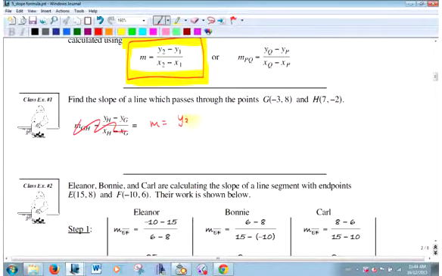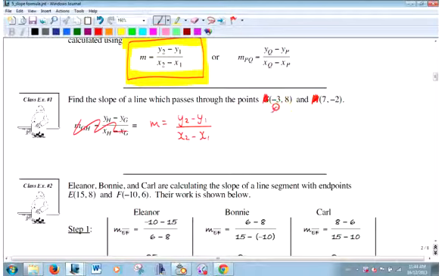Slope is y2 minus y1 over x2 minus x1. Because every time we give you a couple of points, it's going to be a different letter. It doesn't matter what the letters are. There's 2 points. We want to find the slope of that line. For the first few, I strongly recommend you do this.